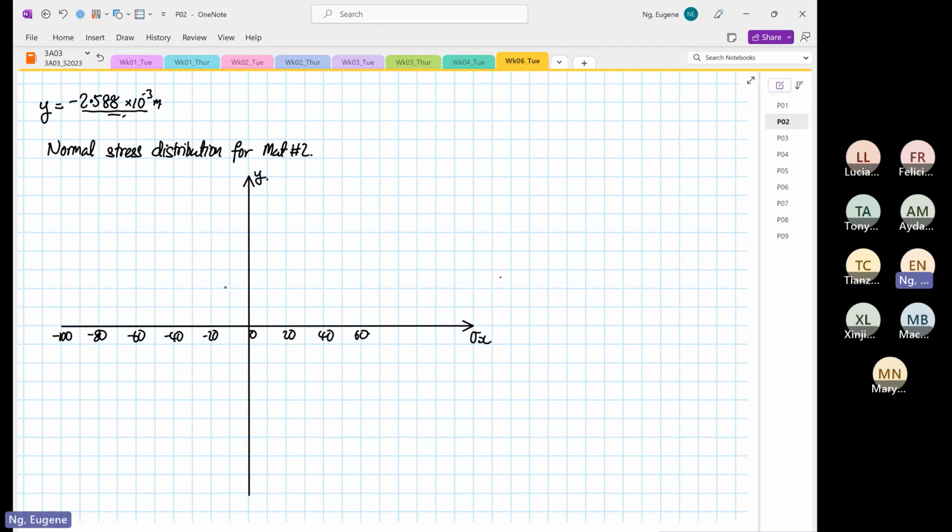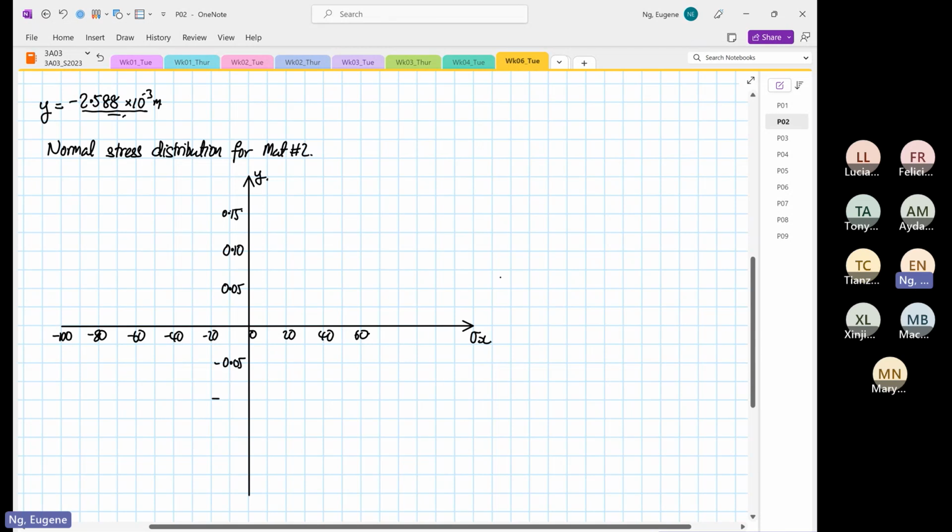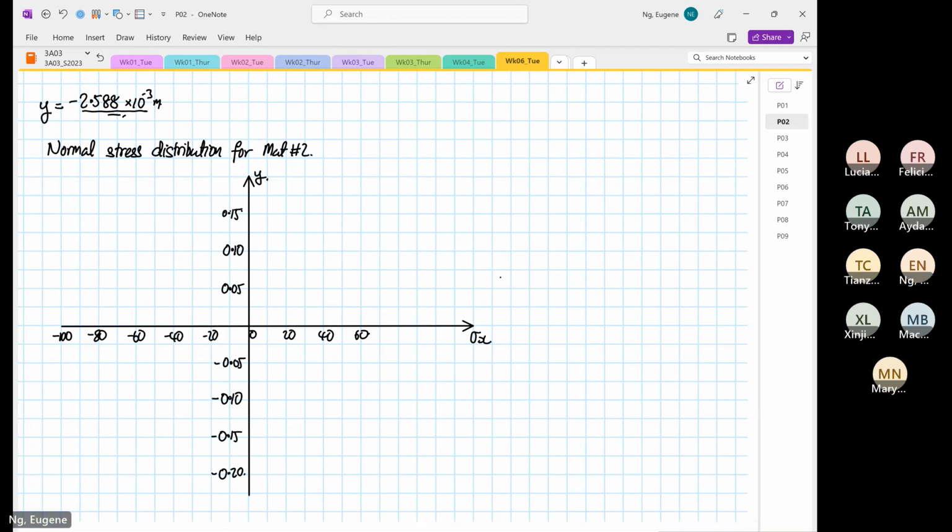So this will be 0.05, 0.10, 0.15, and then minus 0.05, minus 0.10, minus 0.15, minus 0.20.